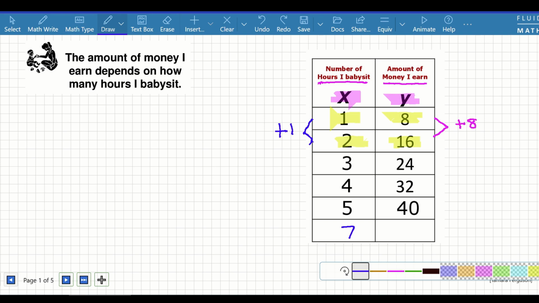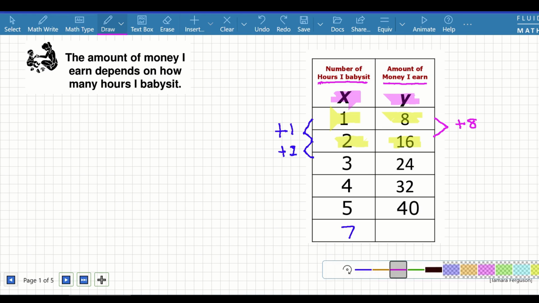Over in the X, I can see that between the second and third, the change between 2 and 3 is also an increase of 1. Back in the Y value, the same rows, the change from the second to the third is an increase of 8. And as I go down my X values, I can see that that holds true all the way down.